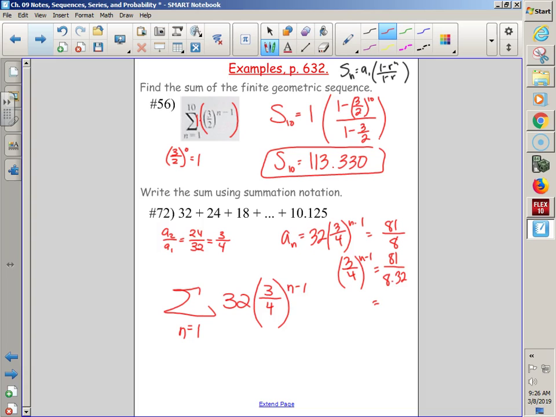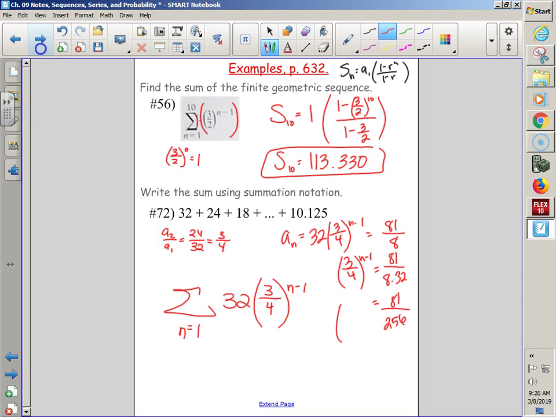Well, 81, 3 goes in lots of times. 9 goes in. But 2 and 4 doesn't go in at all. I was saying, 81 over 8 times 32 over 1. So this would be 4 times 8, and that's, well, 256.